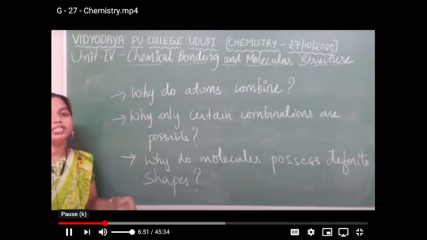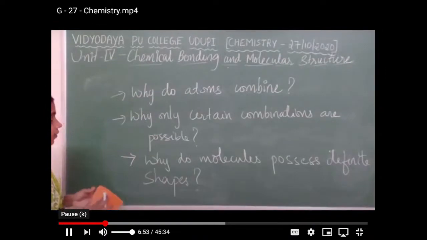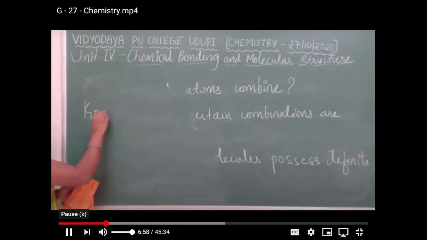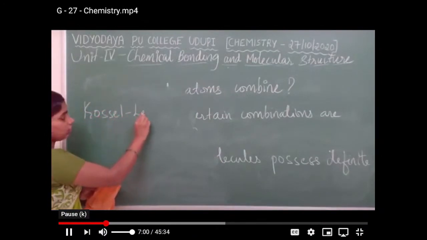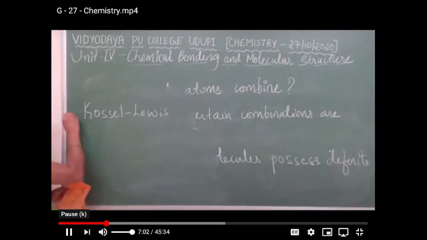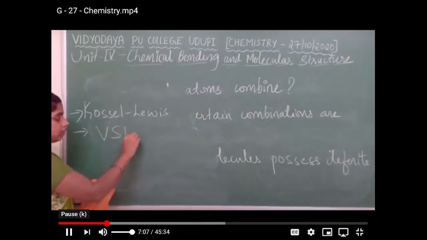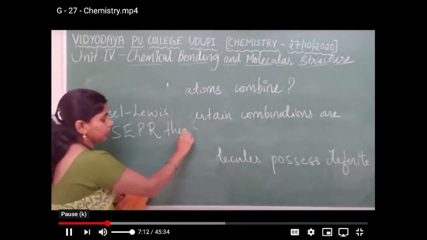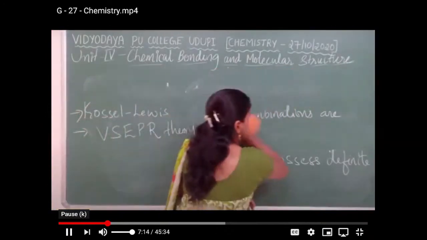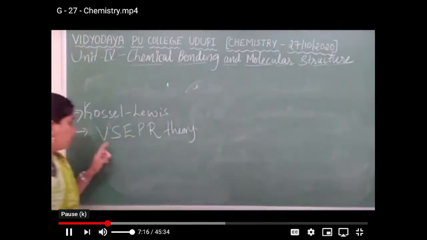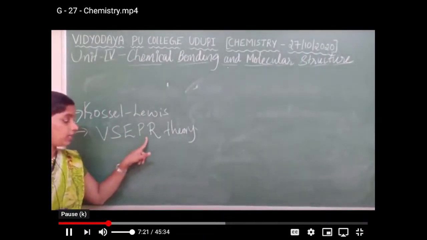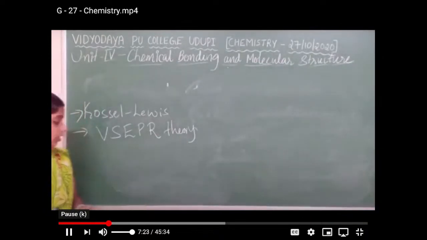There are various theories we have to study in this chapter. First is the Kossel-Lewis approach. Next is the VSEPR theory, that is, valence shell electron pair repulsion theory.